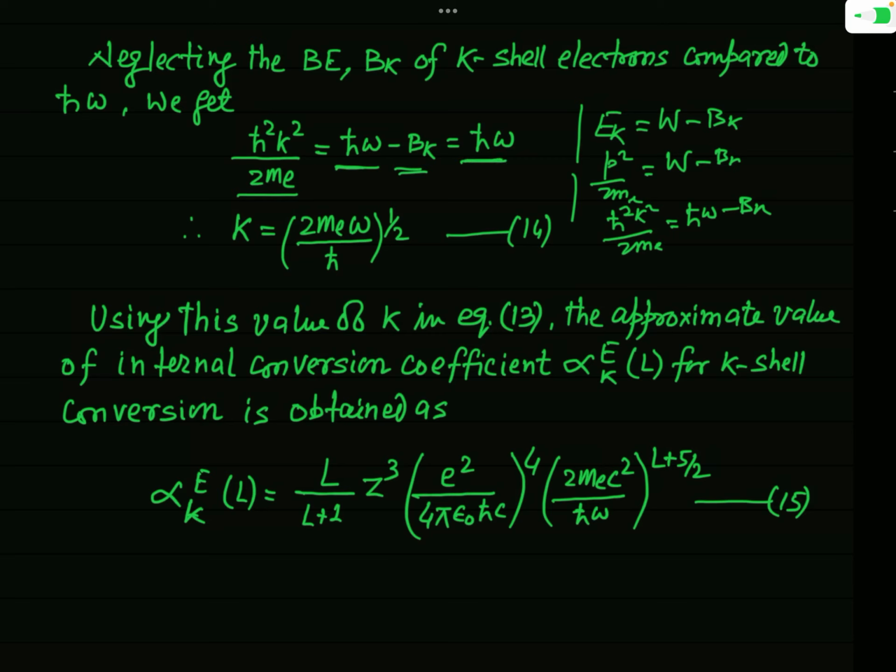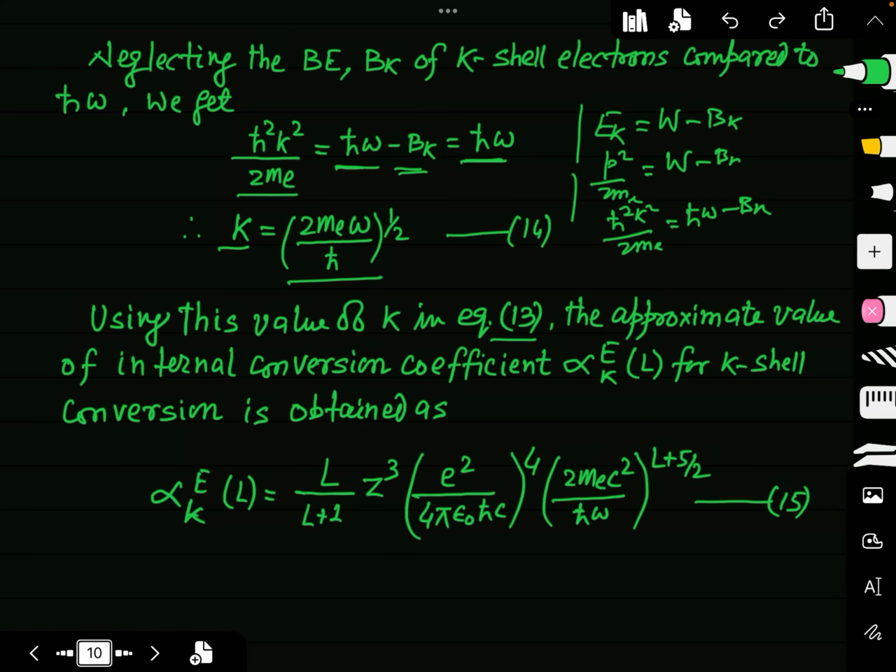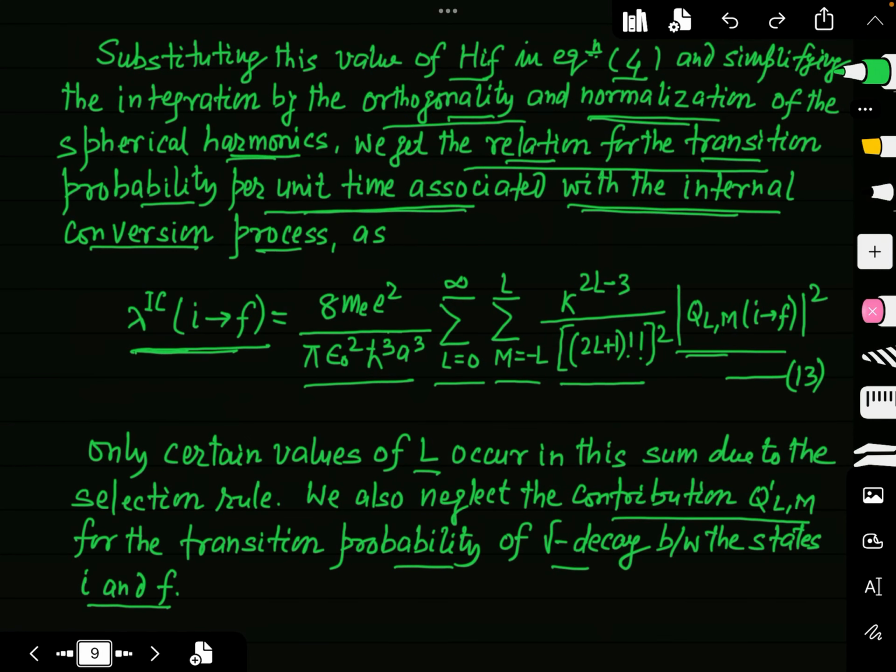And so from here we can find the value of k, and that will be equal to (2mₑω/ħ) whole to the power half. Now this value which we have obtained here in equation 14, we will substitute in equation 13. See equation 13 here. In this equation, the value of k will be substituted.